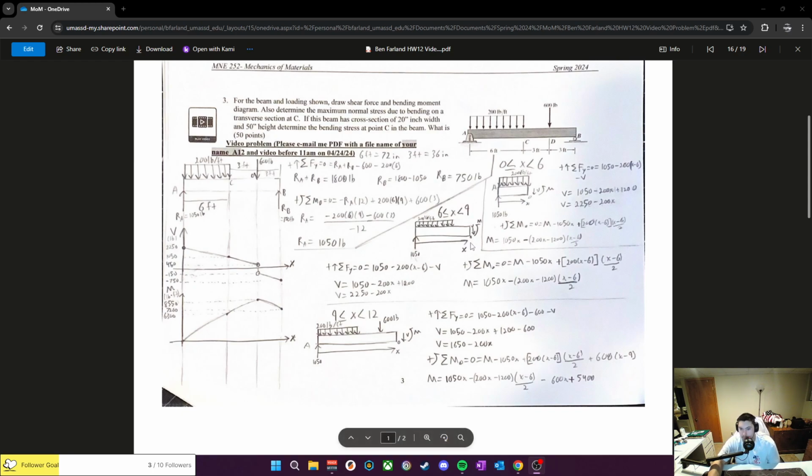Sum of the moments at point O is equal to 0, which is equal to M minus the same 1050x for the reaction force at A. And that is going to be the same as well for the distributed load of plus 200 times x minus 6 times x minus 6 over 2, which will give us the same equation as the first time, of M equals 1050x minus 200 times x minus 6 times x minus 6 over 2, to give us, at x equals 9, a bending moment of 8,550. And then we can plot that point and continue the graph.